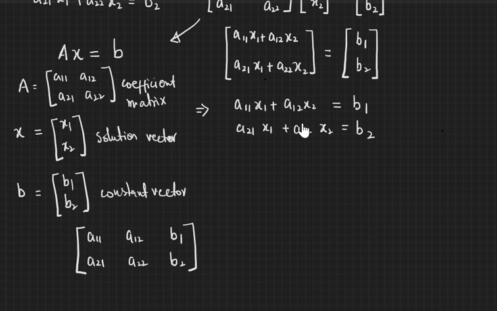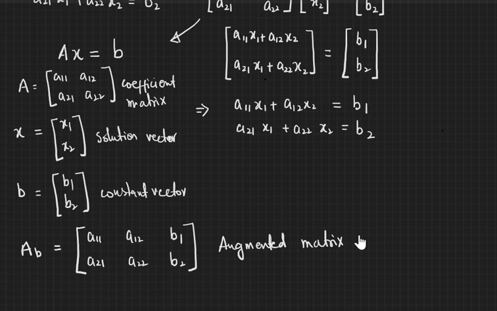Then this matrix is known as the augmented matrix. And with these symbols A and B, normally it is denoted by A subscript B. The augmented matrix of the given system of linear equations is obtained by joining the coefficient matrix and the constant vector. So we will use this augmented matrix when we try to find the solution of a system of linear equations.